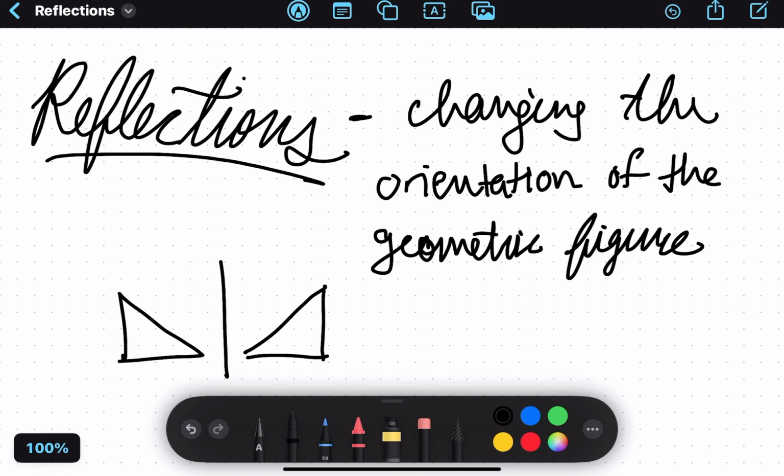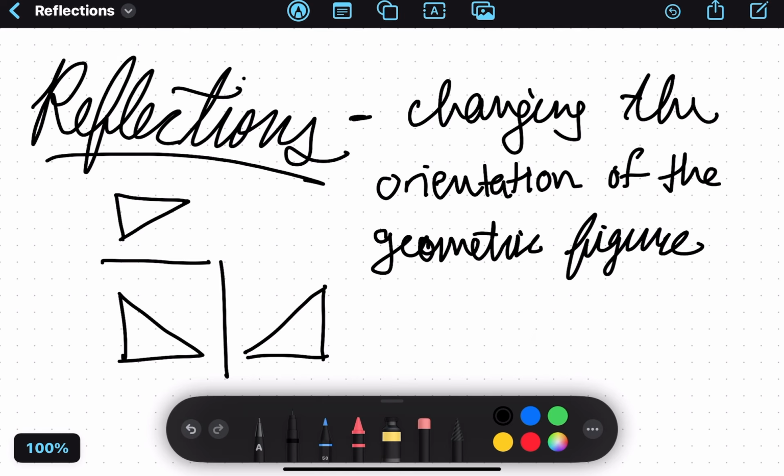It would be like backwards. Or if we were to reflect it across this line, it would look something like this. Okay? So you could do reflections graphically and algebraically. In this video, I will be going over both.